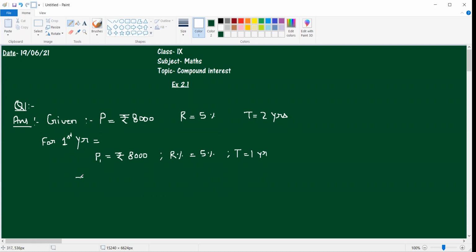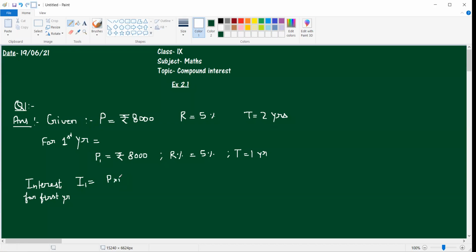So the interest for the first year, I1, is equal to P into R into T divided by 100.